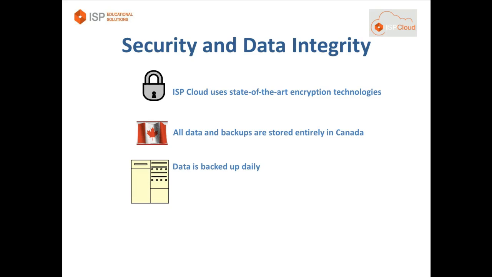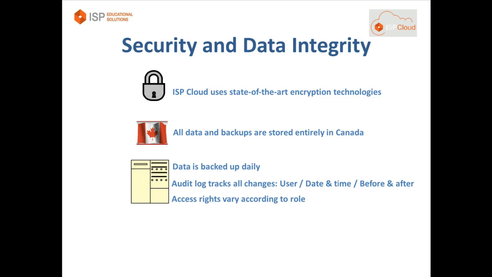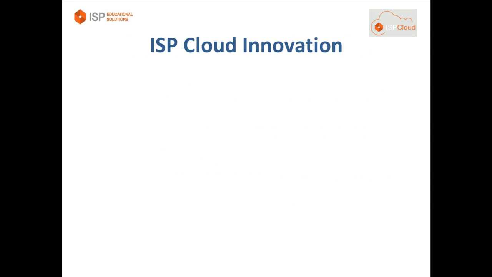Data in your database is backed up daily, and we maintain audit logs of all changes that are made. We also have a series of access rights that vary according to role. So if someone is working in the area of agent management, they may not have access to personal information about homestay families, as an example.